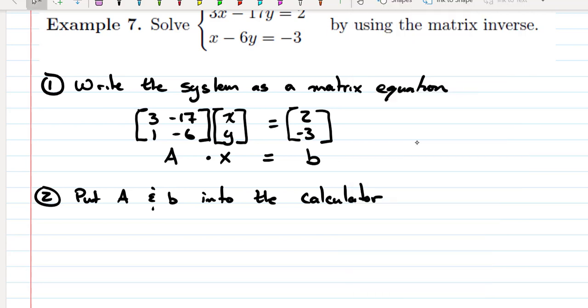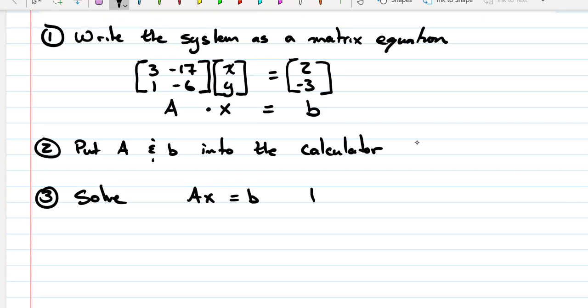So now that we have matrix A and matrix B in our calculator, step 3, we solve AX equals B by multiplying by A inverse on both sides.